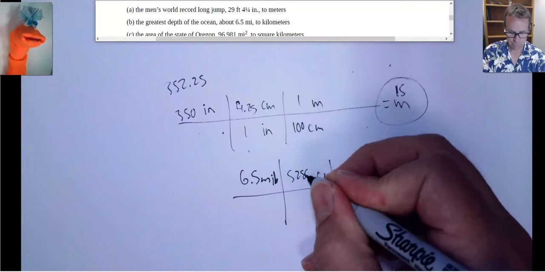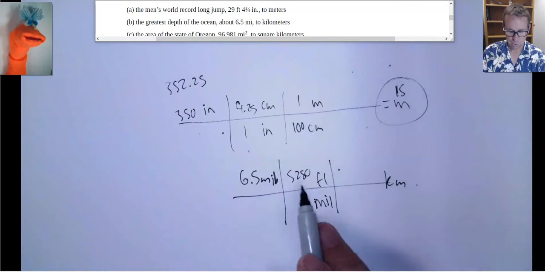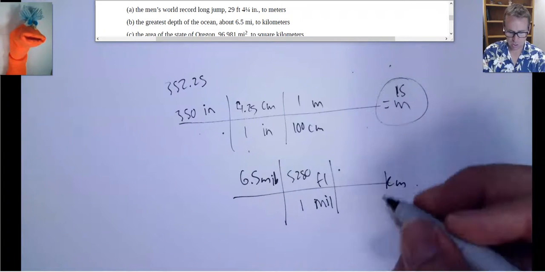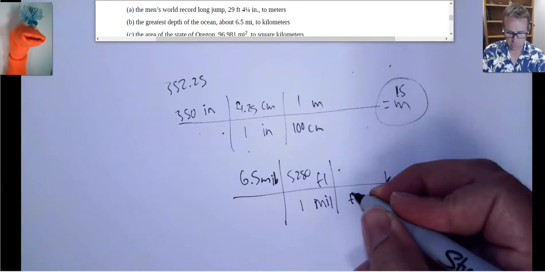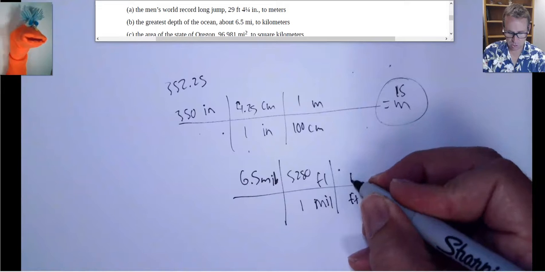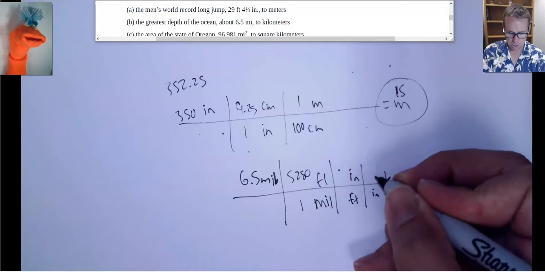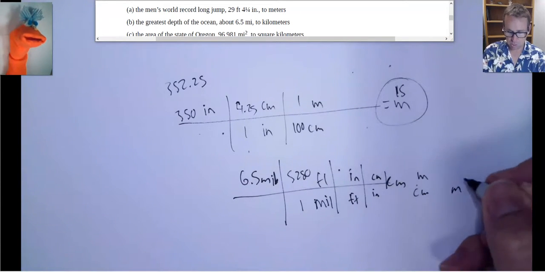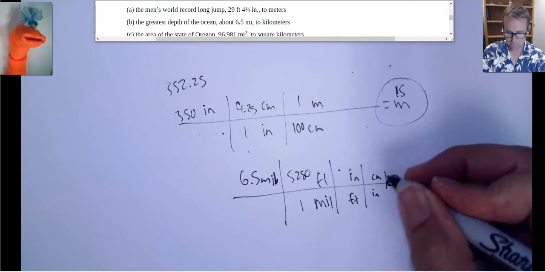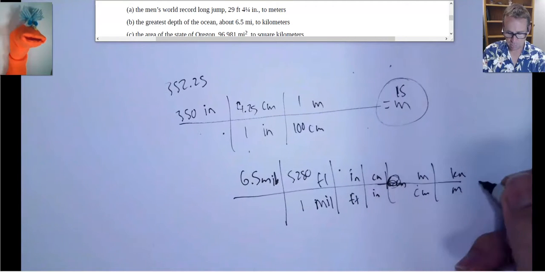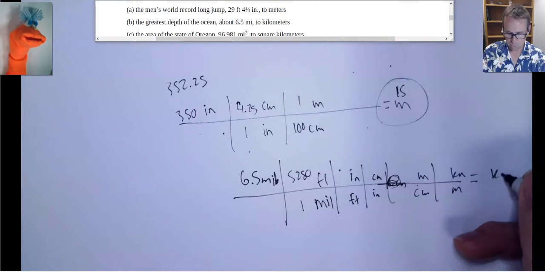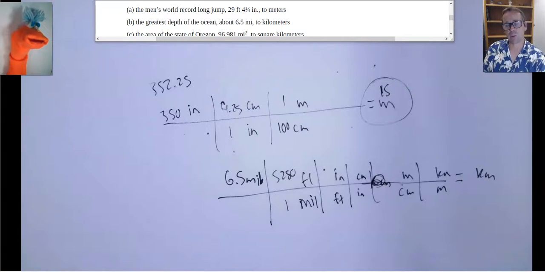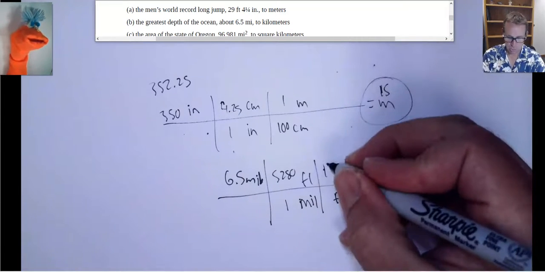So 5,280 feet per mile, and then feet can go to inches, and then inches to centimeters, and then centimeters to meters, and then meters to kilometers. That's a lot. But that's a good example of how you can just use the easy ones that you know and eventually get there. That's all right.